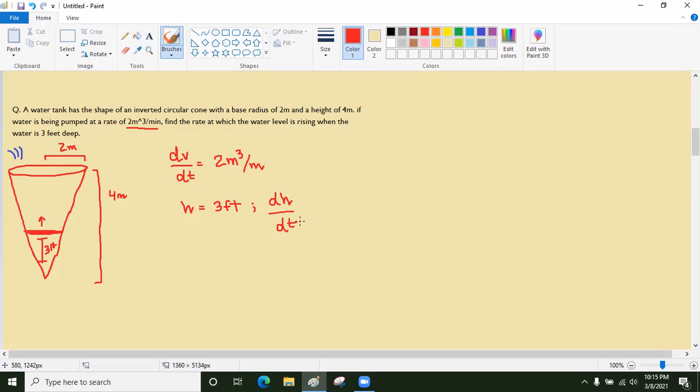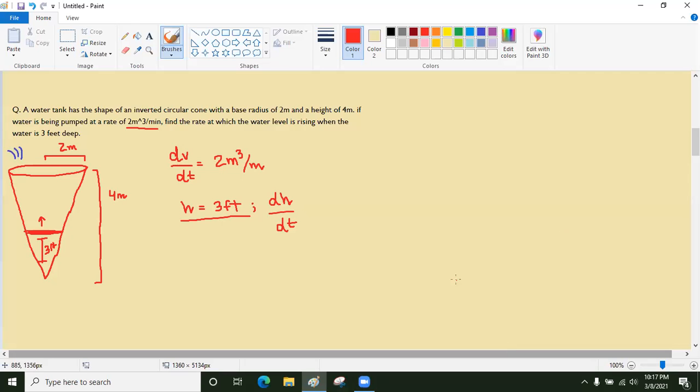So you're given dV over dt, and you're given the height at which you want to figure this out. Well, the height normally is 4 centimeters, but dh over dt is what you want when the height of the water is 3 feet.